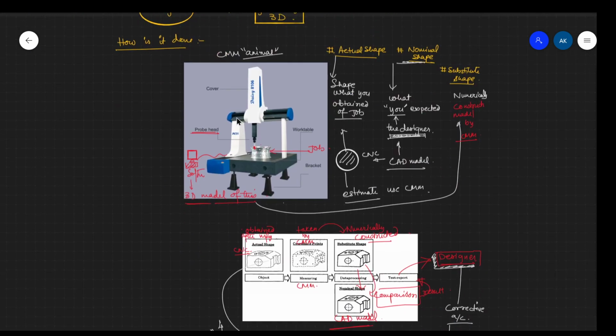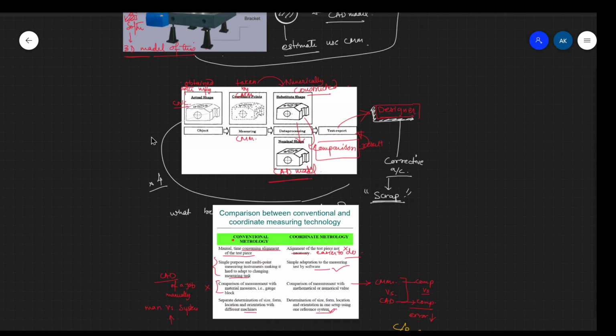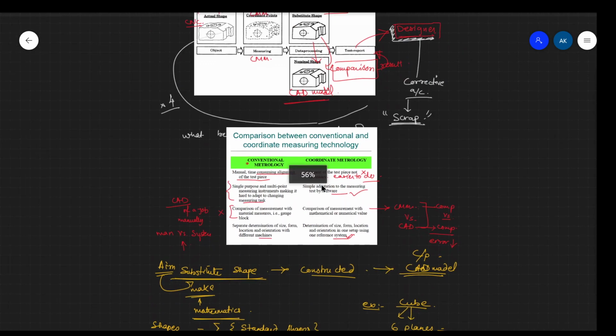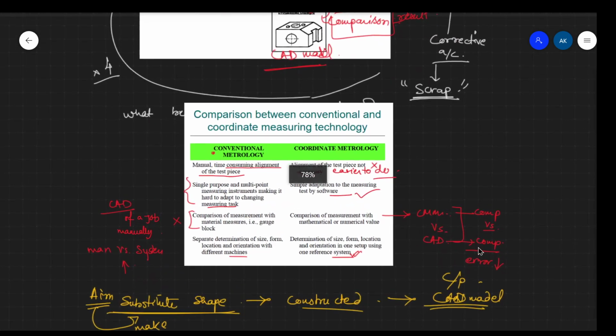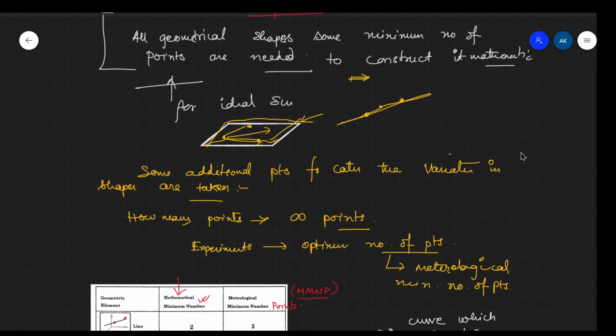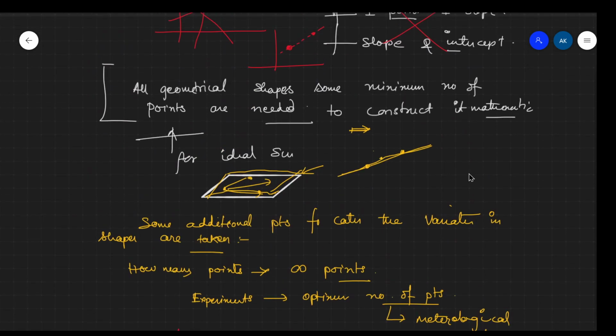Then this is the CMM. We will go into structure types in future later. But for now, these are the three shapes what we understood. Again, we understood the comparison between the conventional metrology and the coordinate metrology. Then we talked about degree of freedom of geometry.